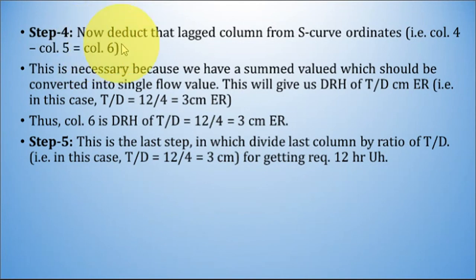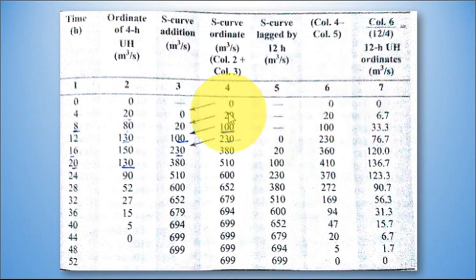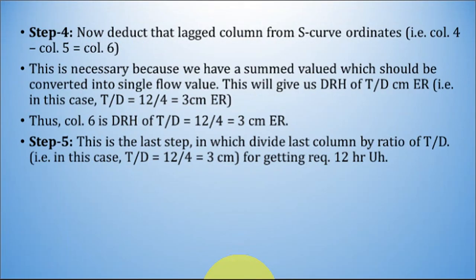Then the next step is to deduct that lagged column from the S curve ordinate, that is column number 4 minus column number 5 equals column number 6. So 4 minus 5 you will get the ordinates in column number 6: 0 minus 0, 0; 20 minus 0, 20; 100 minus dash, 100; 230 minus 0, 230; 380 minus 20, 360. Likewise you will get these ordinates over here.